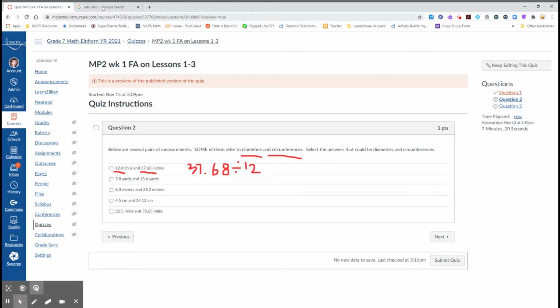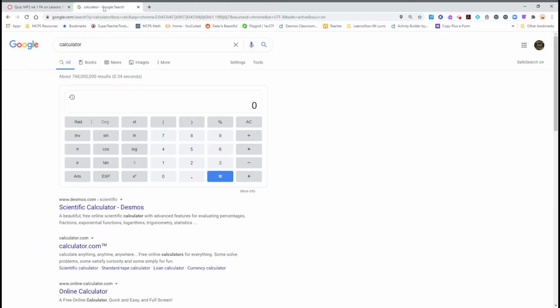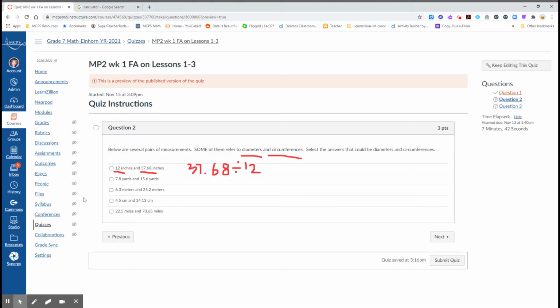Well, we can check over here on a calculator. 37.68 divided by 12. And we get 3.14. Oh, 3.14 is about pi. So that means that answer must be correct. So that's one of our correct answers there.